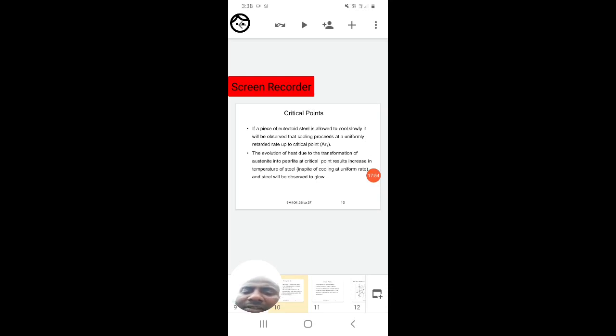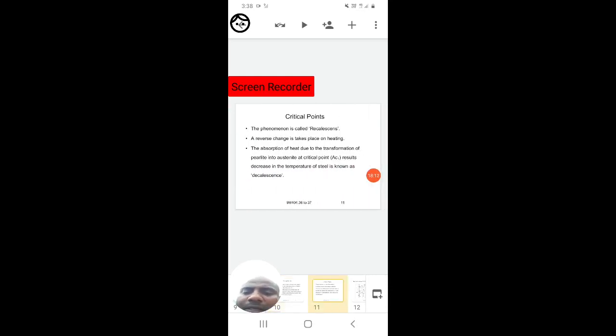The evolution of heat due to transformation of austenite into pearlite at the critical point results in an increase in the temperature of steel. That means in spite of cooling at a uniform rate, the steel will be observed to glow. The phenomenon is called recalescence.